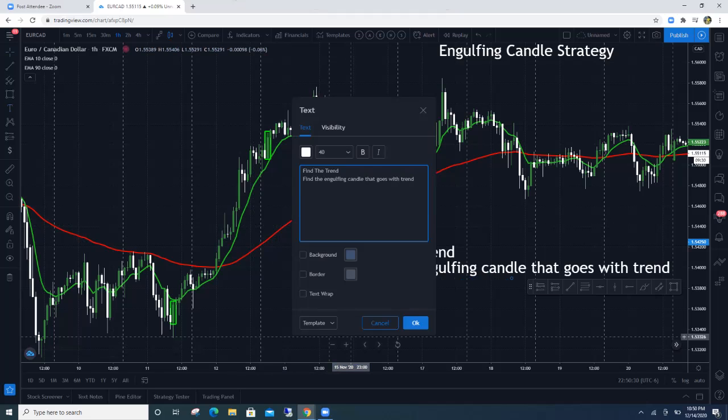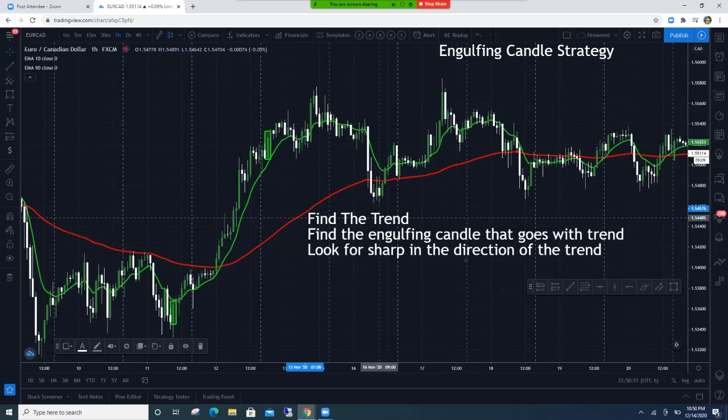Then what you're going to do is look for sharp movement in the direction of the trend.